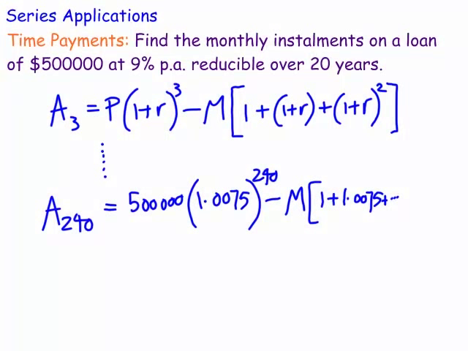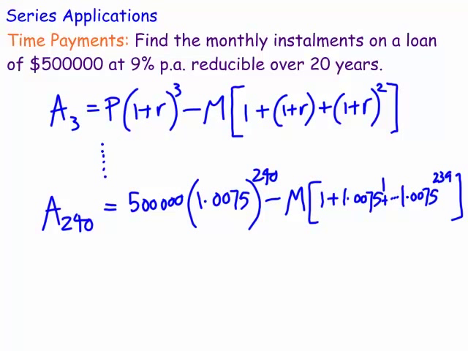The last term here will be 1.0075 to the power 1 less, so 239. Interestingly enough, 1 to 239 is 239 terms, plus the one at the front makes 240.